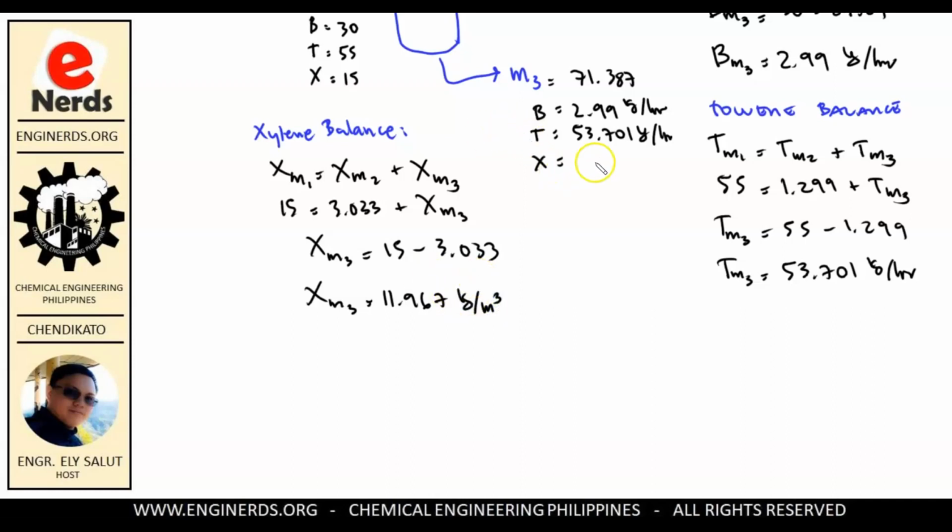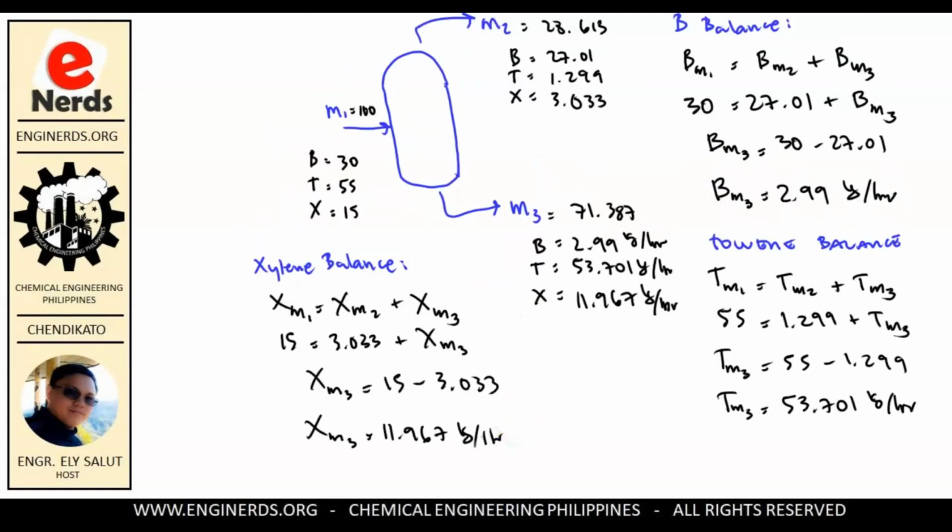Okay, so here we have 11.967 kilogram per R, sorry. This is per R. Okay, so let me just erase it. Okay, so this is kilogram per R. Okay, so now we have all the values in our M3.